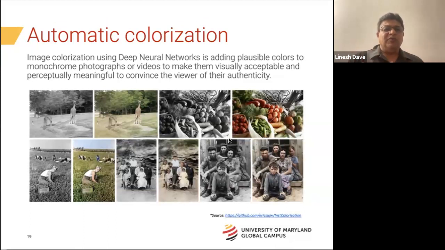It almost feels like this was how the picture actually looked when it was first taken. That's the beauty of this project, the way it adds colors to black and white pictures. It's amazing. So again, take a look at this project as well when you get a chance.